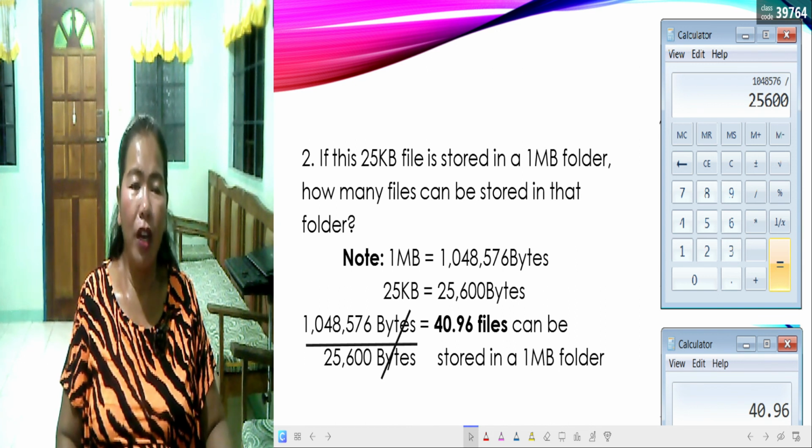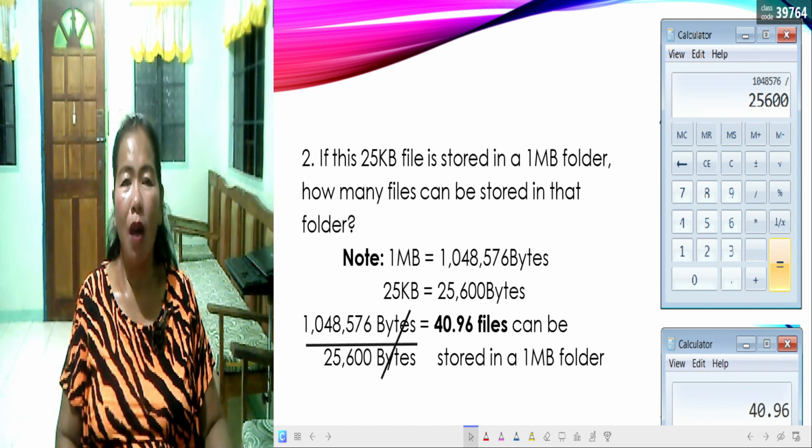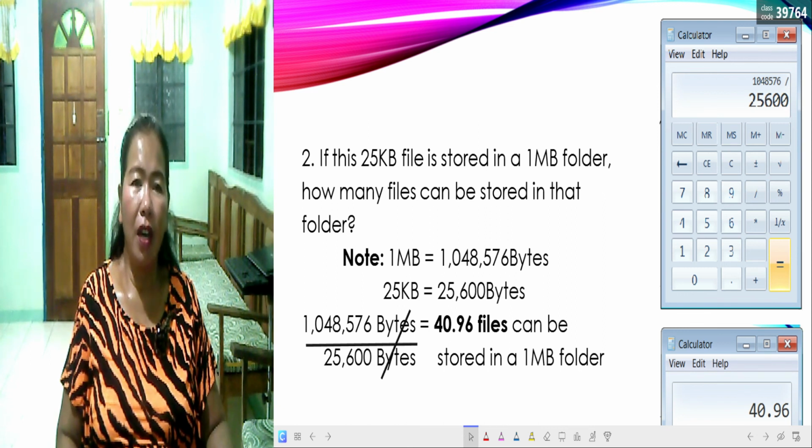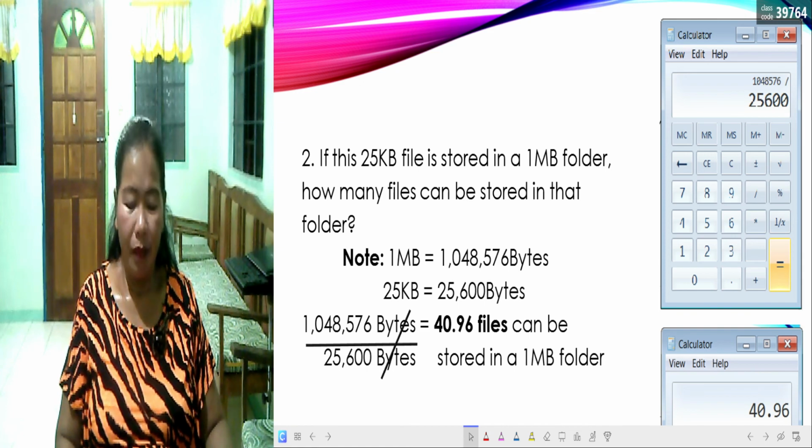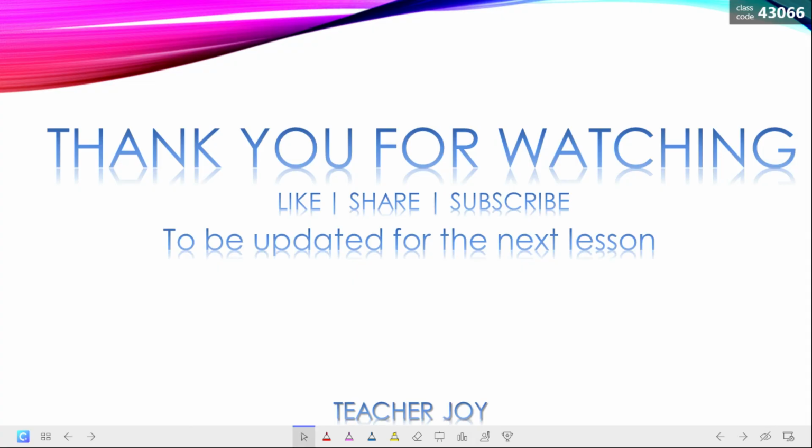So there are 40.96 files that can be stored in a 1 MB folder if each file consists of 25 kilobytes. Okay, so those are the very basic conversion of the data storage.